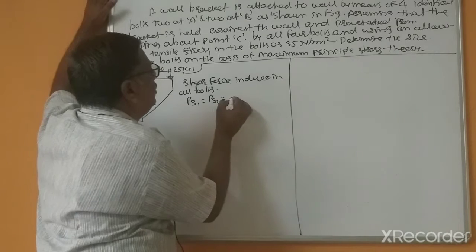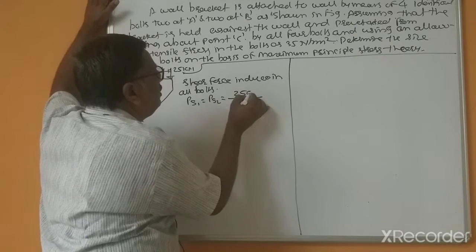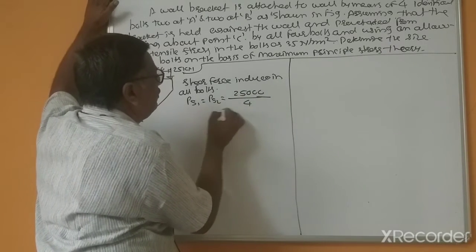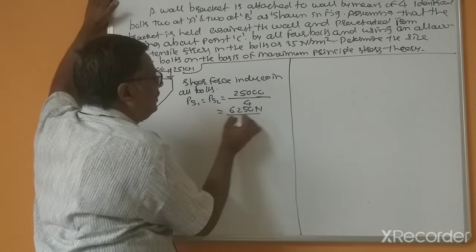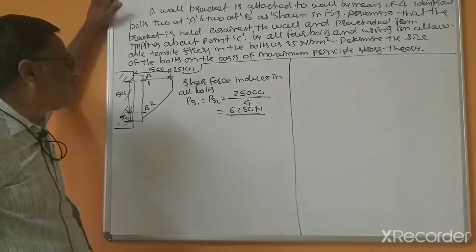That's why 25 kilonewtons means 25,000 divided by 4, and this is 6250 Newton. This is clear.